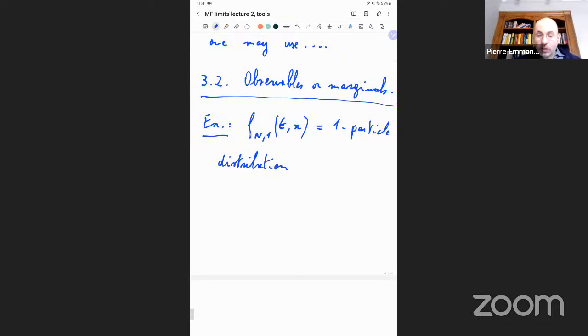Right? So it's the probability of finding any one particle at some point of a domain.